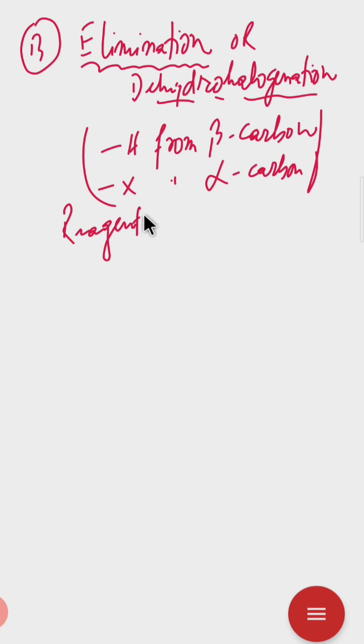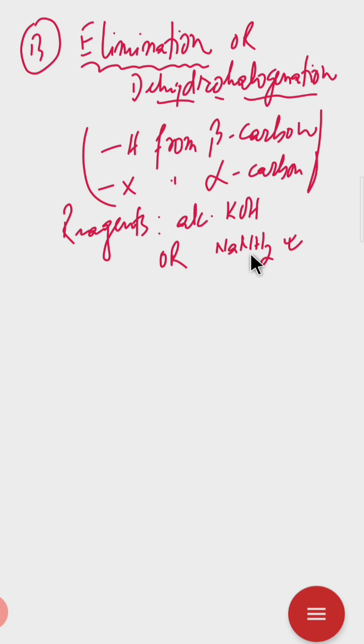The reagents that can be used for this dehydrohalogenation are, first of all and most common one is alcoholic KOH, and the second one is sodium amide, NaNH2. We can use this also. This is a better dehydrohalogenating reagent actually.